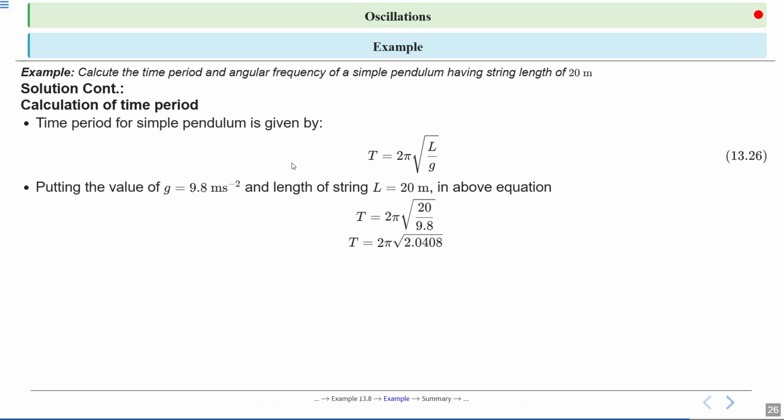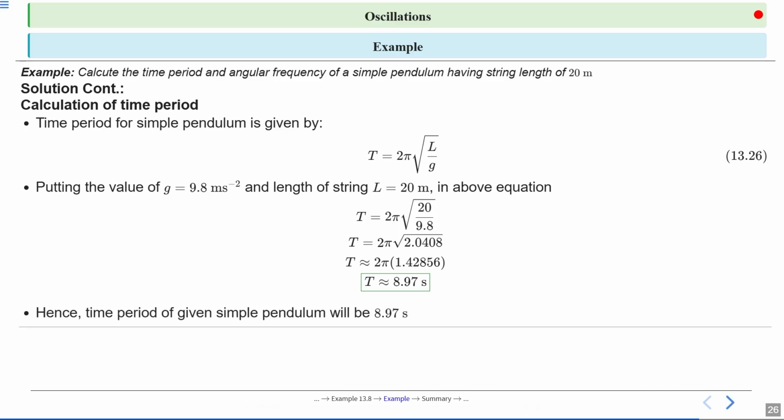So T equal to 2 pi into under root 2.0408. So T is approximately 2 pi into 1.42856. So T is approximately equal to 8.97 second. Hence, the time period of the given simple pendulum will be 8.97 second.